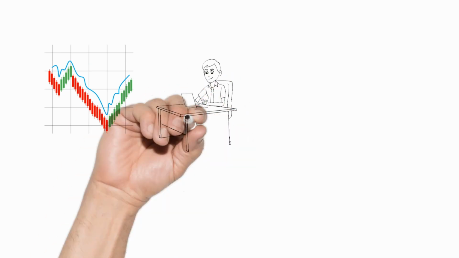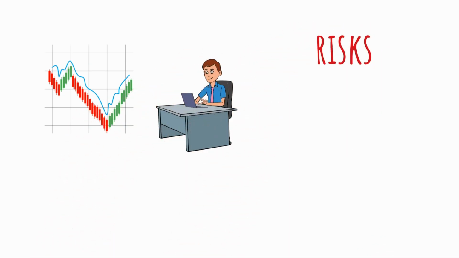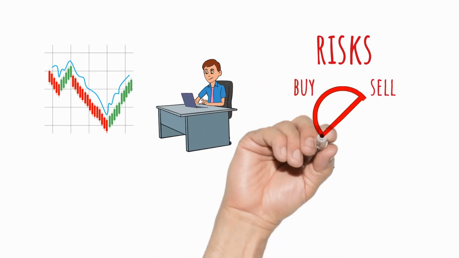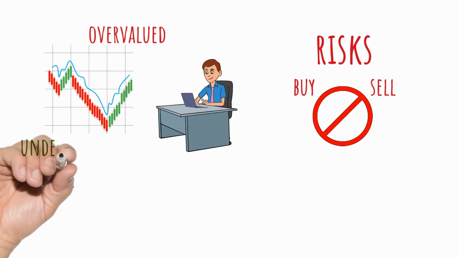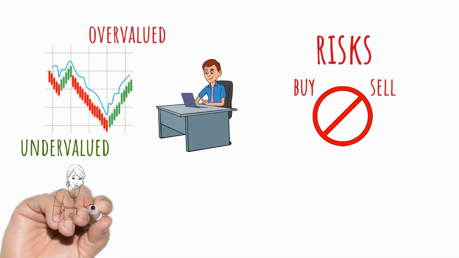The stock market is a volatile place and many opportunities exist for those who do their research. However, there are significant risks associated with investing in the stock market because people buy and sell shares without understanding them enough. Understanding the difference between overvalued and undervalued stocks is a valuable skill that all investors should know.